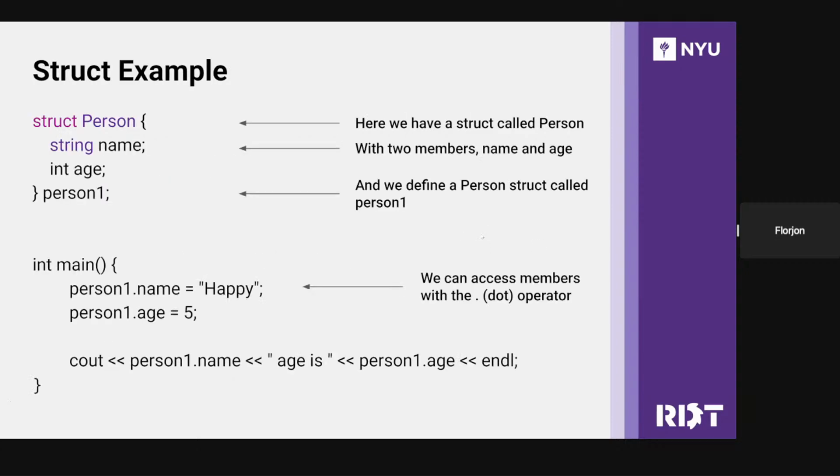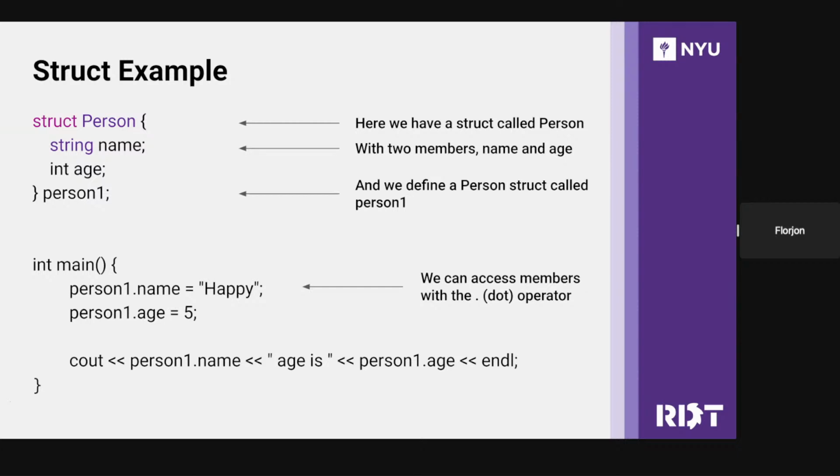Thank you. So here is a struct example. We're going to make a struct called person. In our person struct, we're going to have two members. One of them is going to be a string for your name, and then another is going to be an integer for your age. The way we did it is that we define using the struct keyword and then name the struct person, open curly brace.